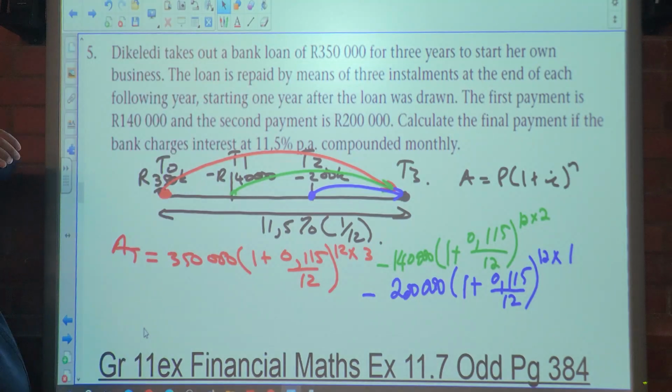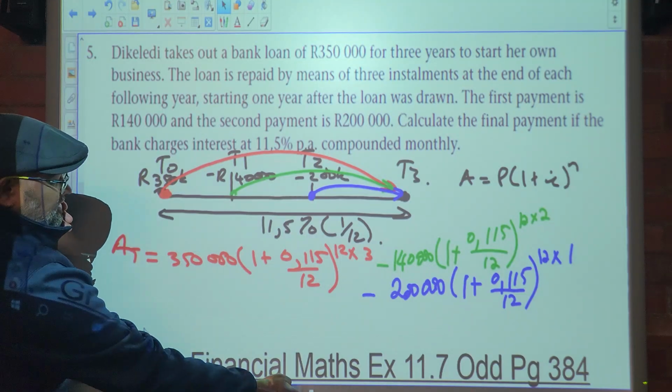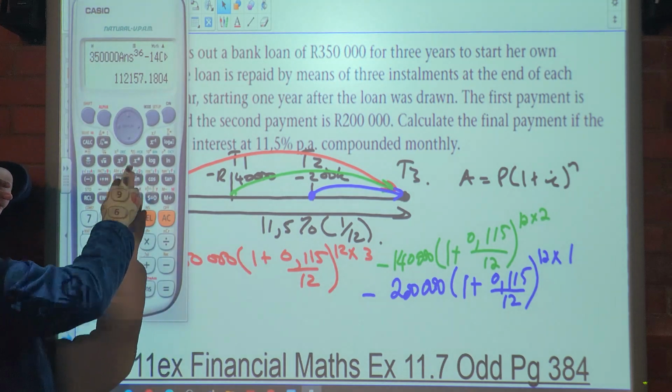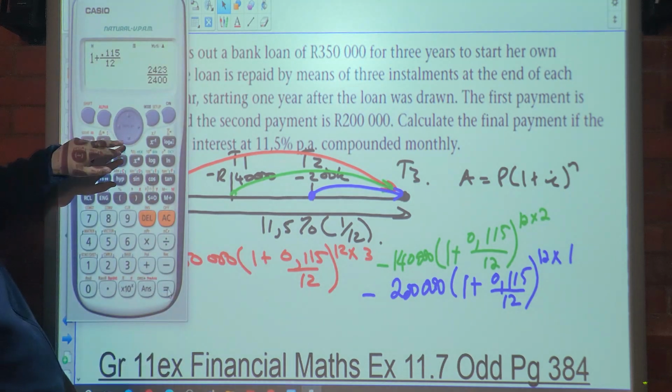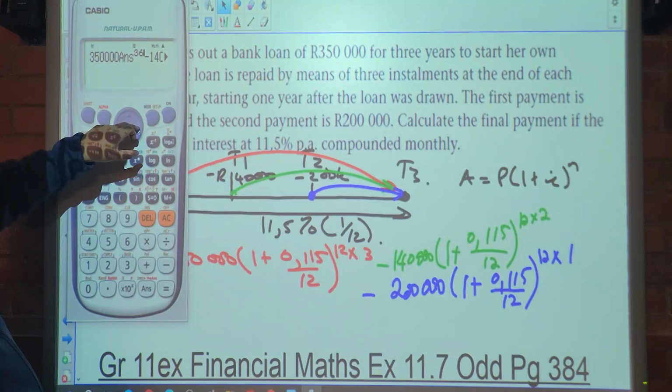Let's read again. Takes out the bank loan of 350,000. Okay, the exponent is wrong. So it's going to be 36.